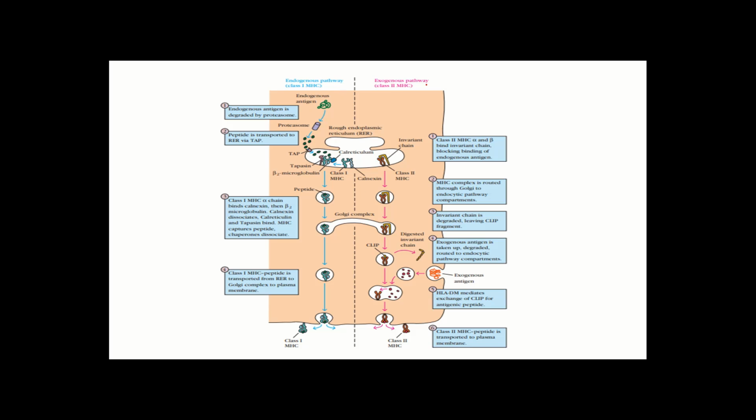In the right panel, the exogenous pathway which is mediated by class 2 MHC is described. In this pathway, first the class 2 MHC alpha and beta bind with the invariant chain. This is the invariant chain, which actually blocks the binding of endogenous antigen.